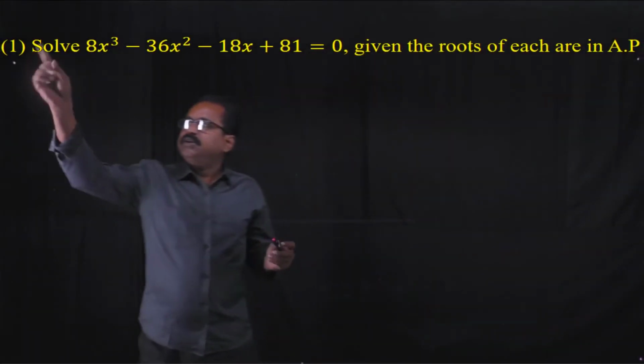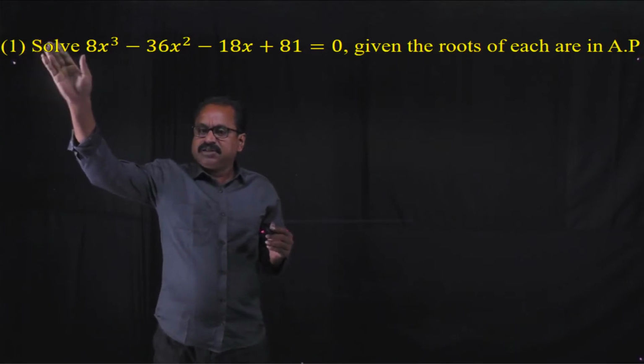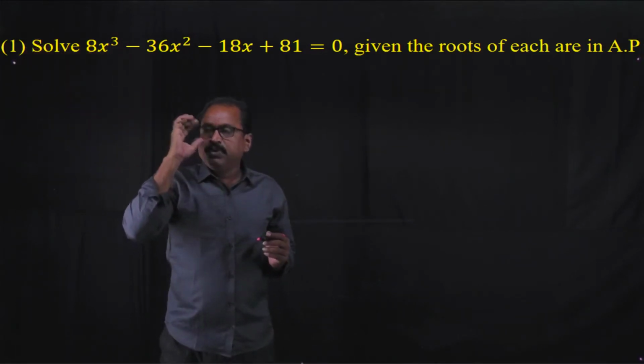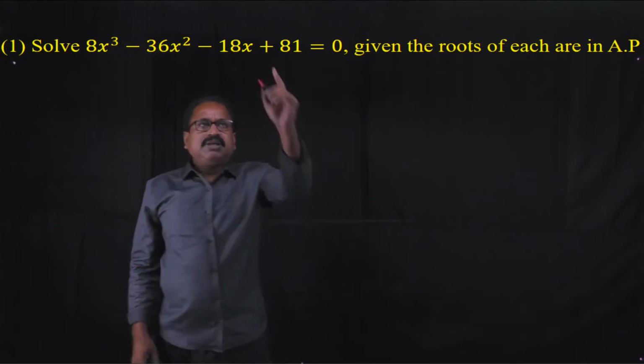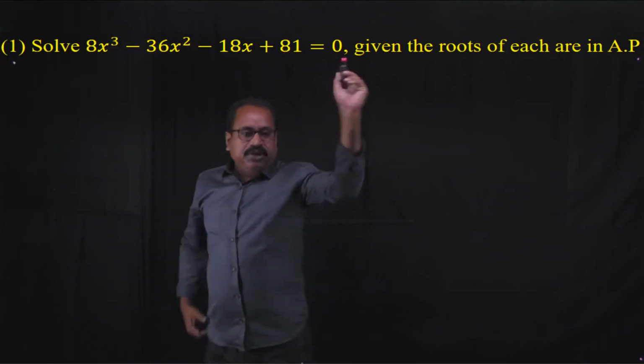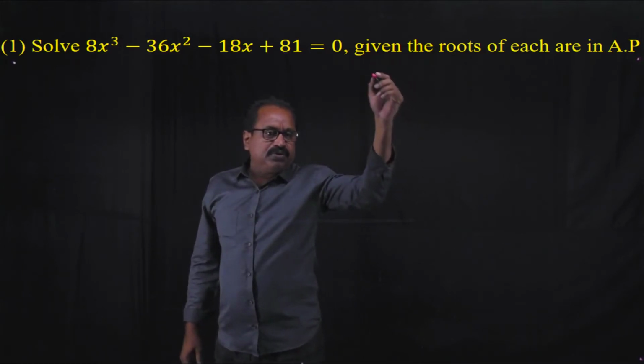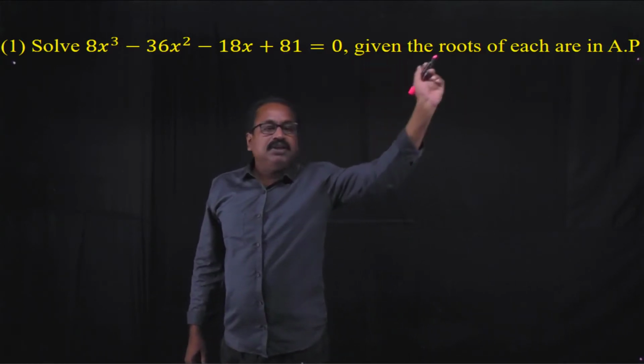Hello students, first question is: solve 8x cube minus 36x square minus 18x plus 81 is equal to 0, given the roots of each are in AP.